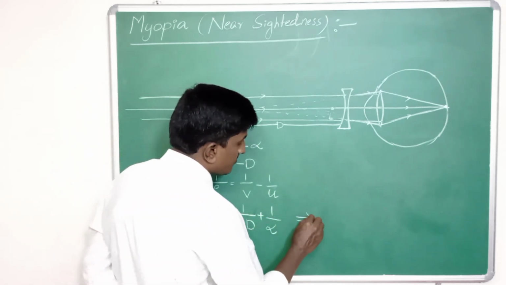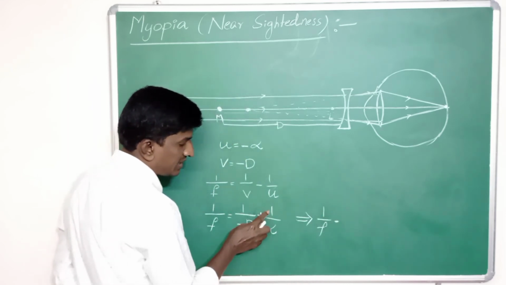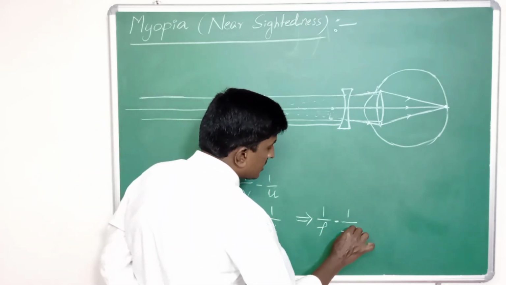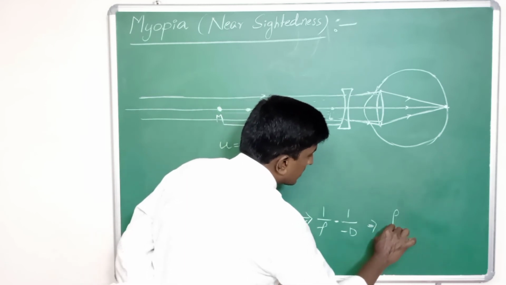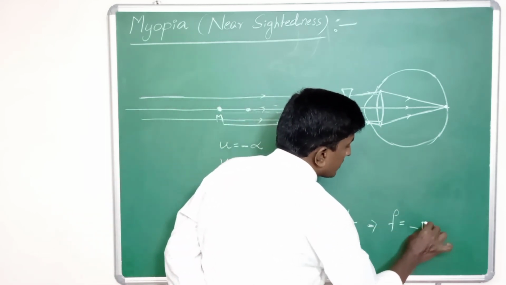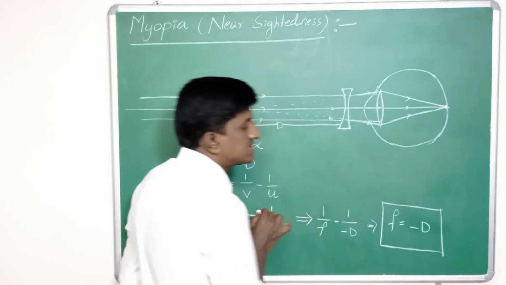Simplifying this, 1/f: something divided by infinity is 0, so 1/f equals 1/(minus D). So the focal length of the concave lens which is used to cure the myopia is equal to minus D.